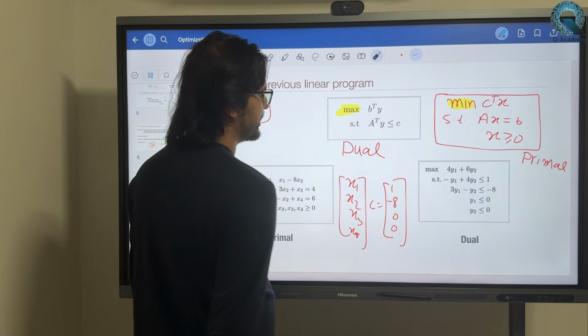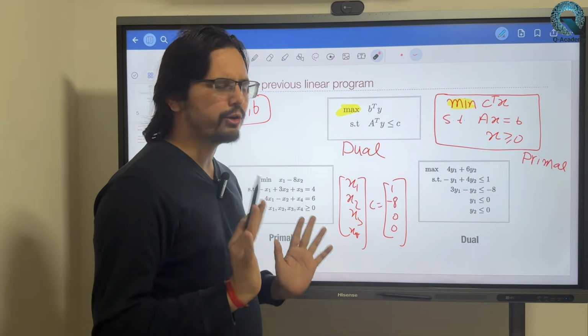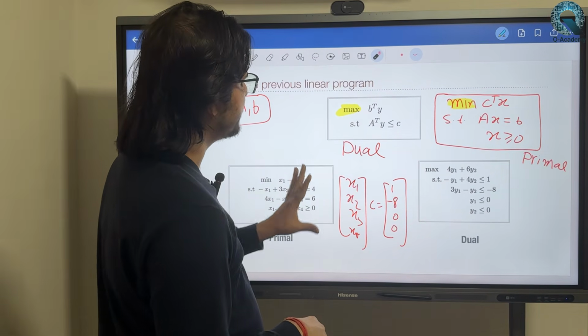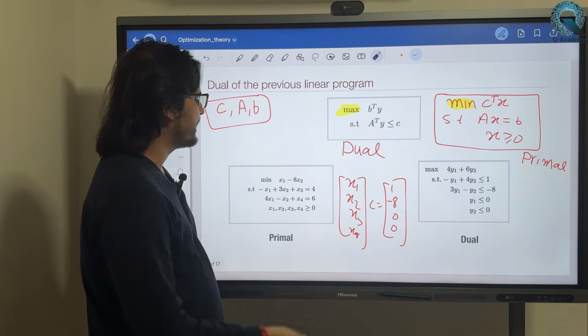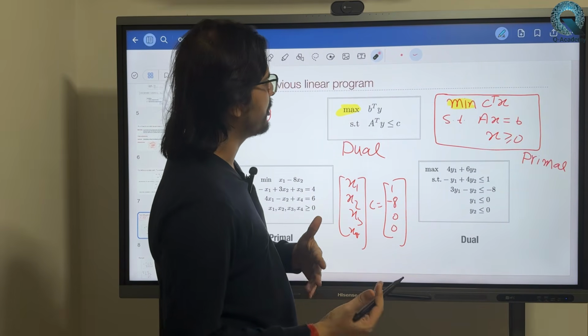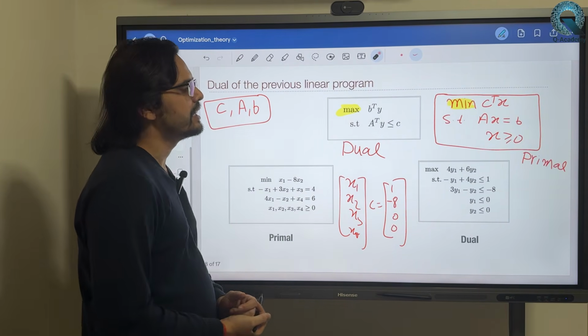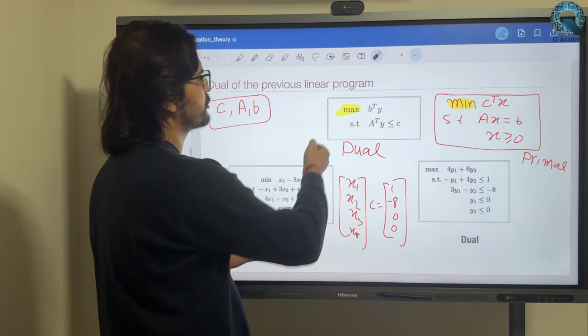So yeah, basically the long story short, you can take your LP and extract your C, A and B, and then from there, given a primal formulation, you can write the dual formulation. There is also another approach through something called Lagrange duality, and through that also you can get it.